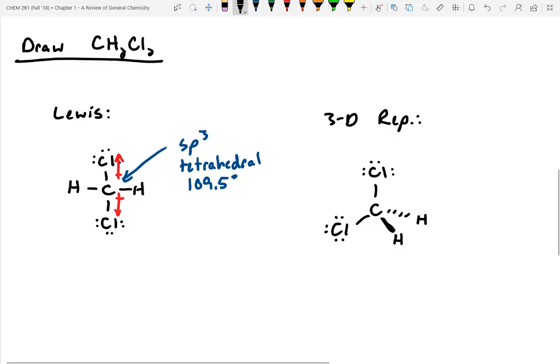So now if we go ahead and we draw our individual dipoles, we can say really quickly, okay, we've got a dipole going up towards that chlorine, and then over towards the second chlorine. And then if we average the 2 dipoles, the net dipole is going to be pointed kind of in between those 2 chlorines. Does that make sense?